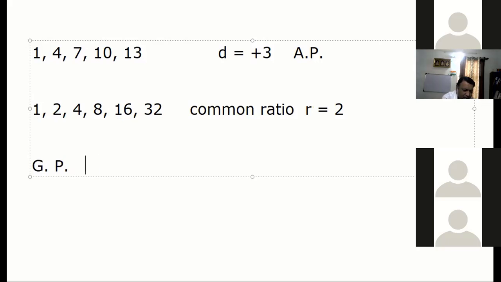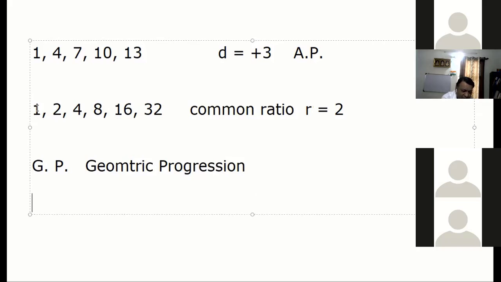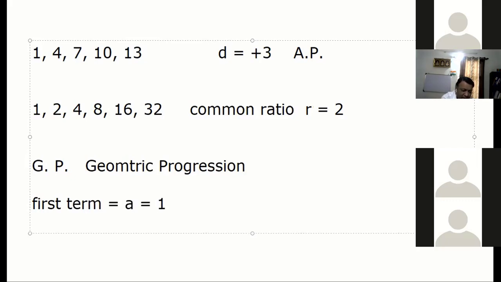That is GP, or geometric progression. In this geometric progression, my first term is A, which is 1, and we call it the common ratio, not the common difference. This time we'll call it R, and it is 2.